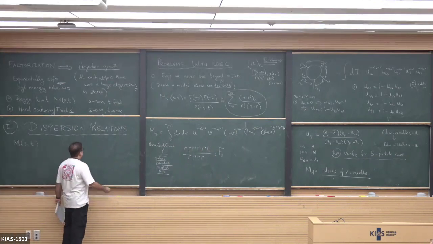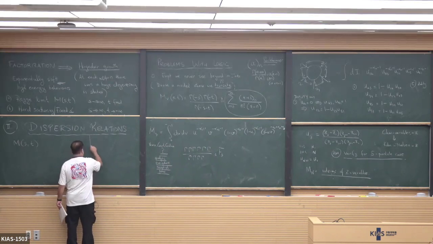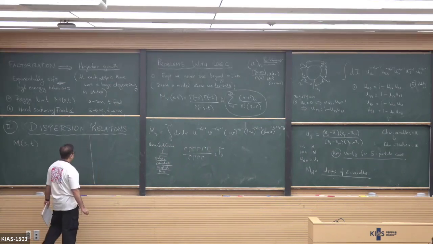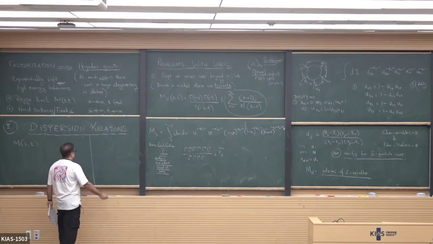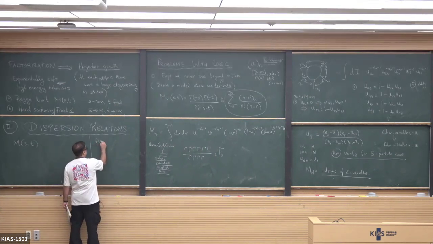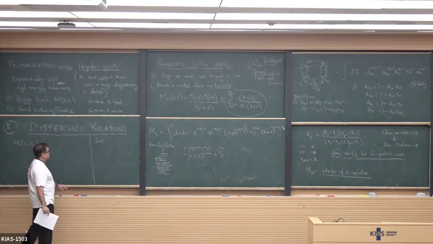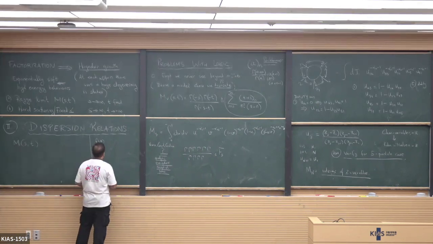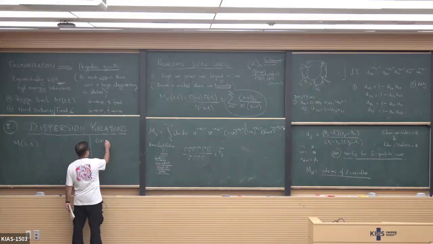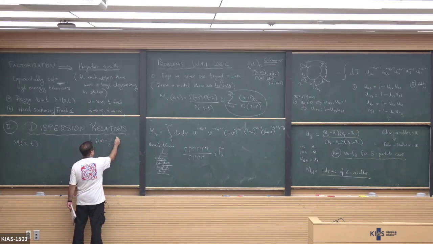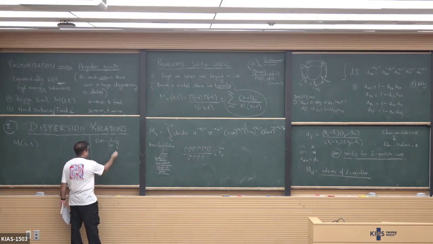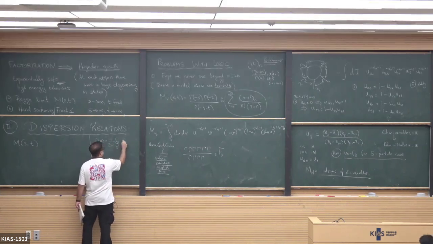And the idea of a dispersion relation is basically just what you would get from Cauchy's theorem. So imagine that you have a function. Now we are going to think of these variables as complex variables. So imagine that you have a single variable function of a complex variable. Cauchy's theorem tells you that this is going to be an integral surrounding Z. So there's a small contour surrounding Z, and there is an integral of this kind.